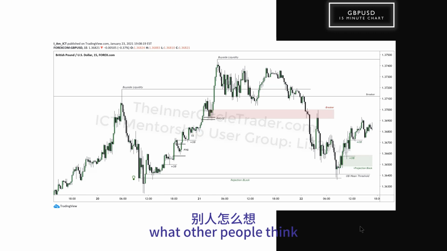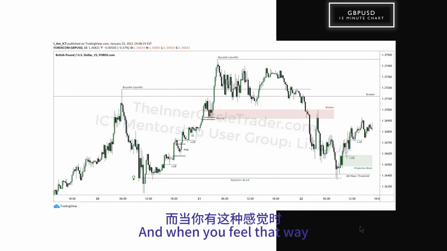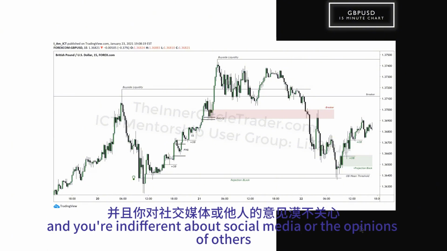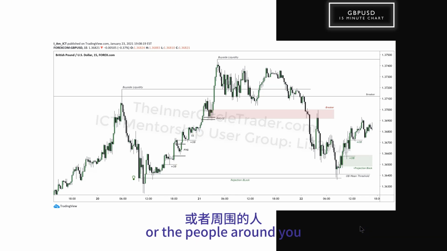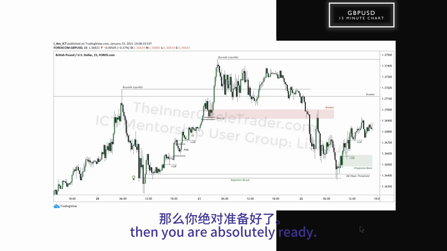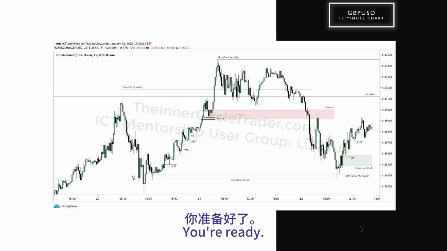And I don't care what other people think about what I can do. I already know it. And when you feel that way, and you're indifferent about social media or the opinions of others or the people around you or even your spouse, then you are absolutely ready. You determine when you pull the trigger on that, though.